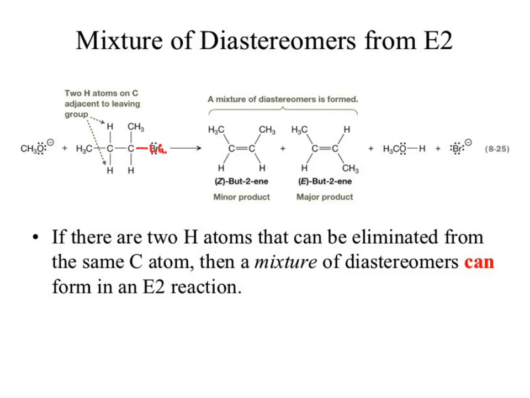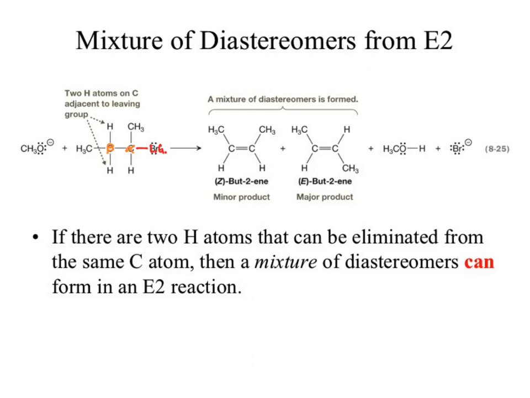Our other name for elimination was a beta elimination. Why do I get two products? I have two hydrogens at the beta position, which is getting to kind of David's question earlier. There are two hydrogens to choose from, which means, depending on the rotation, I can get two possible elimination reactions. Each of those elimination reactions is going to produce one product. Okay, but those are two distinctly different products.